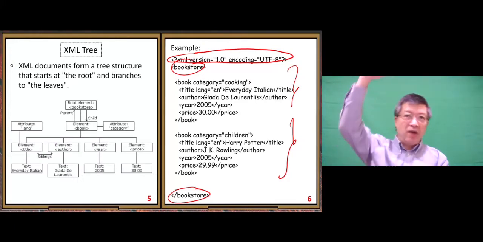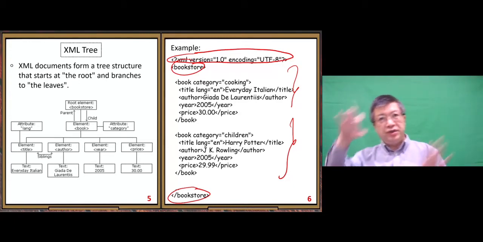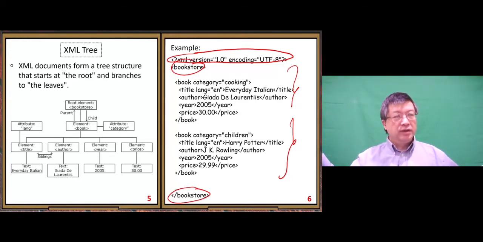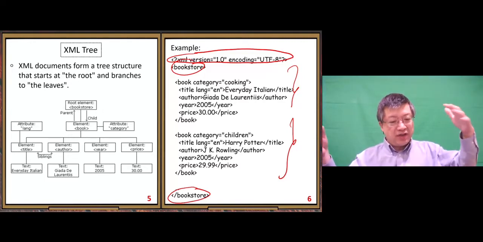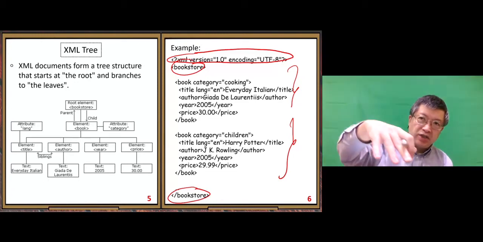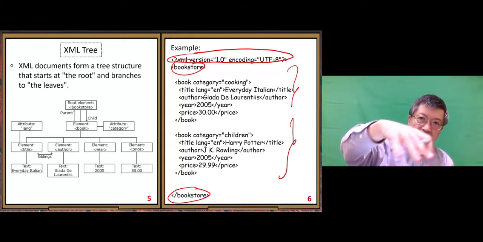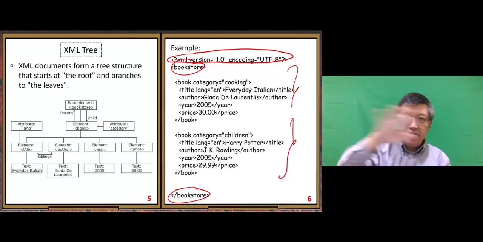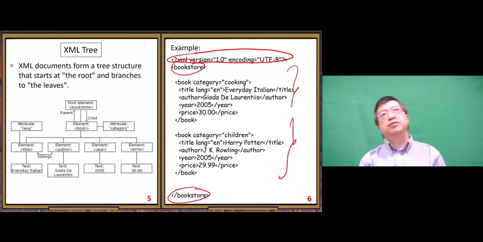The top level, branches going down, nested elements always going down to the subtree through branches and organized in different levels.